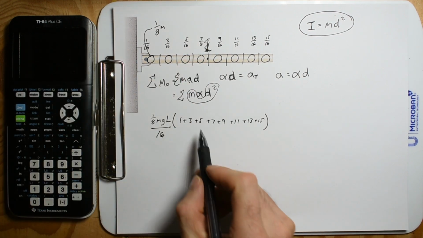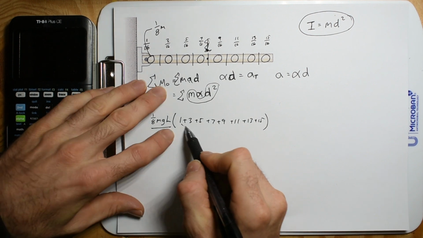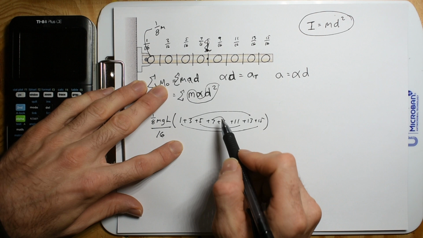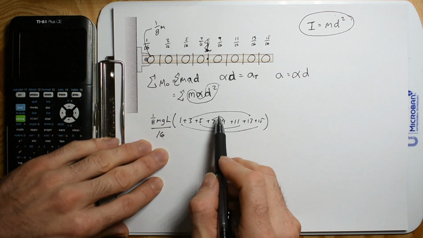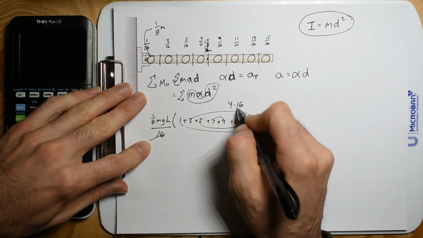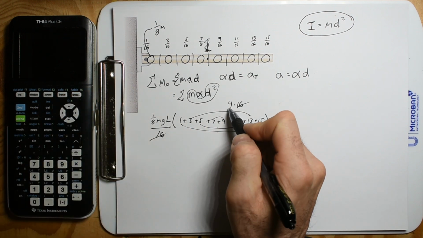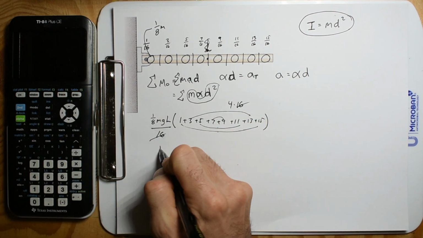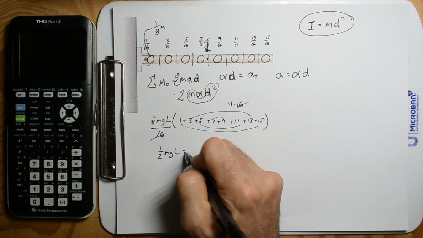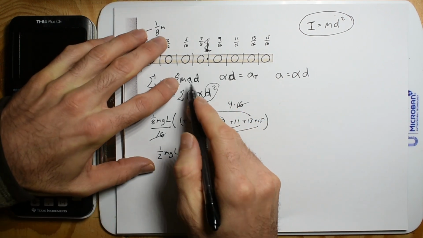Okay, heck yeah. I see that I have a 16 here, a 16 there, a 16 there, and a 16 there. So I basically have 4 times 16. So these cancel. And then I have 4 divided by 8. Hell yeah. So that's still 1/2 MGL. So we're good there.